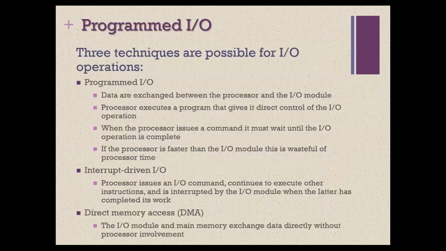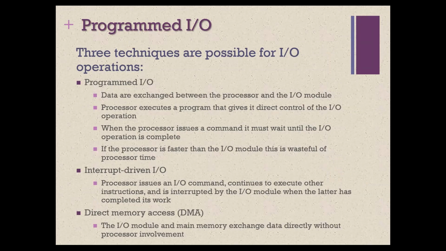Three techniques are possible for I/O operations. With programmed I/O, data are exchanged between the processor and the I/O module. And again, like I reminded you, we've talked about them before. We are only having an abstraction from the I/O perspective. In other words, most of these concepts are going to be repeated, or things that we've met before.